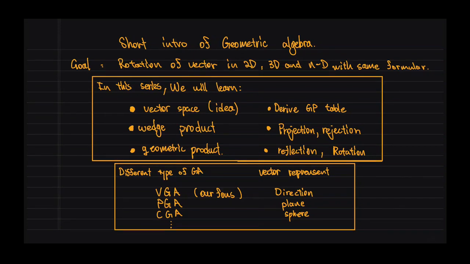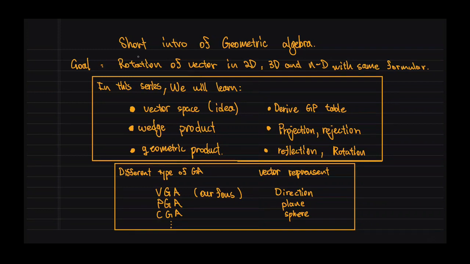If we compare geometric algebra to linear algebra and quaternions, geometric algebra tends to give us an intuitive formula, and this formula also applies to any dimension, not just 2D or just 3D. It will be the same formula.